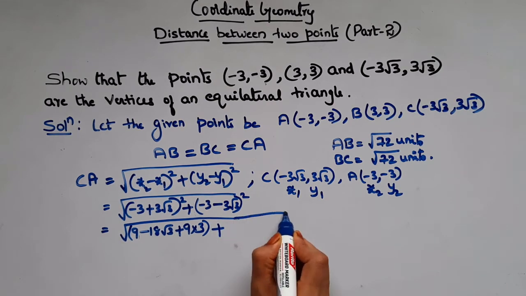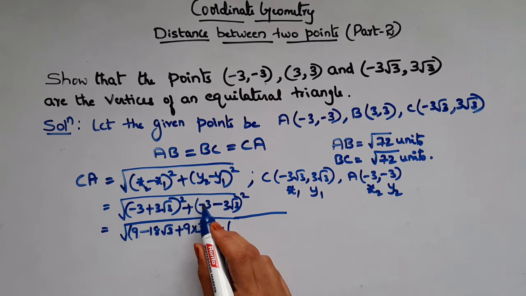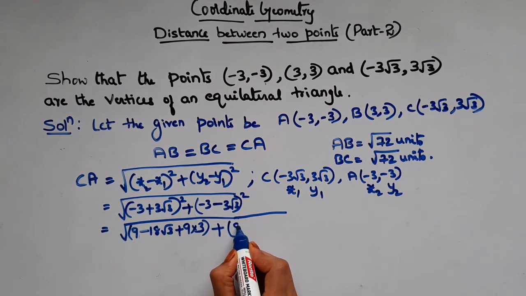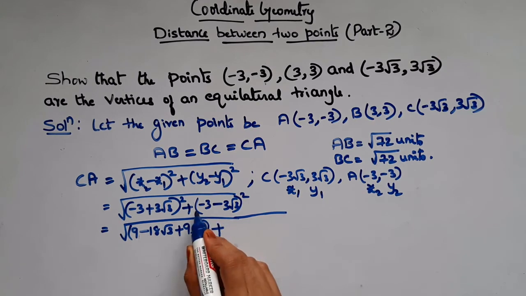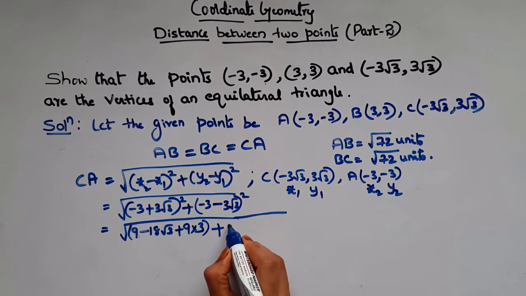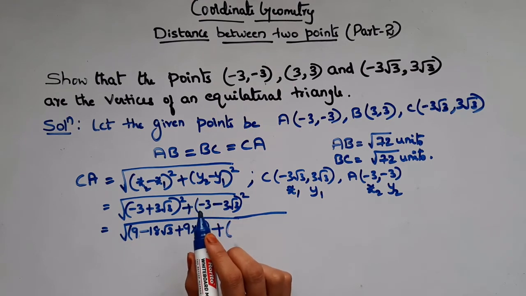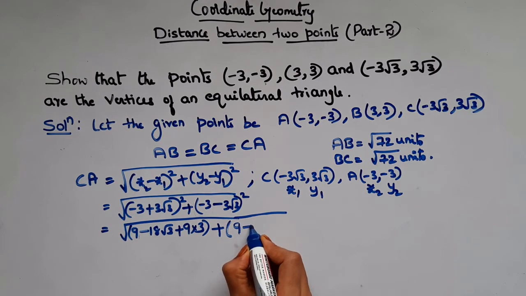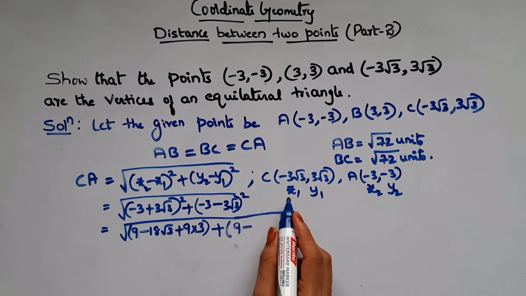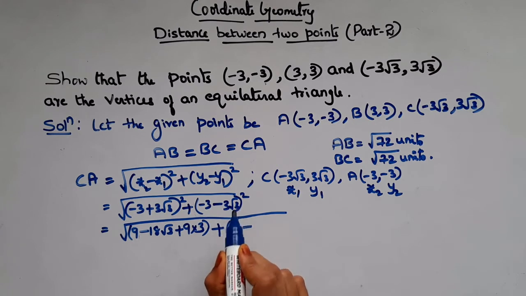Plus, so this is of the form (a minus b) the whole square, so a is minus 3, so minus 3 the square is plus 9, right? So we have a square, a here is minus 3, so minus 3 the whole square is 3 3s are 9, minus of minus is plus. So minus 2 into ab, a here is minus 3 and b here is 3 root 3, right?